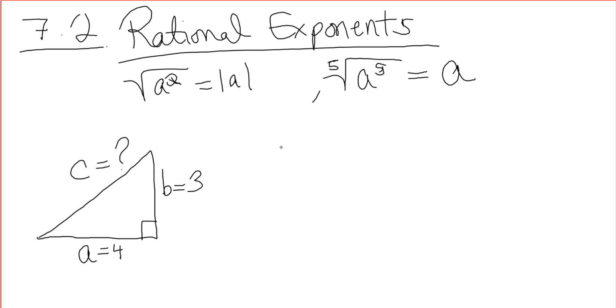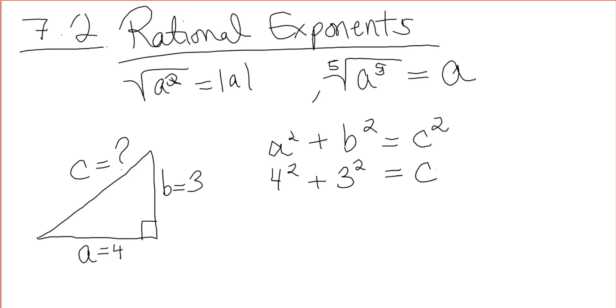If you remember back from algebra, you had this rule that if I looked at a right triangle, the squares of the sides added together would match the square of the hypotenuse. This was known as the Pythagorean theorem. So for us, that tells us that 3 squared plus 4 squared, because that's my a and my b, except I put my 3 and my 4 in the wrong spot. A was 4, b was 3, and I square them, I should get c squared.